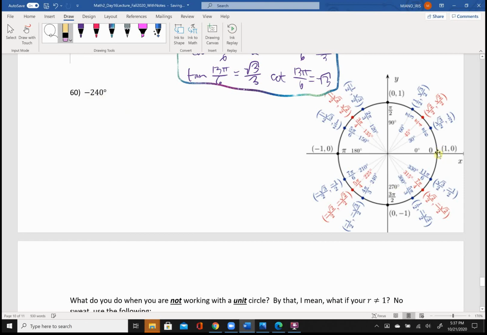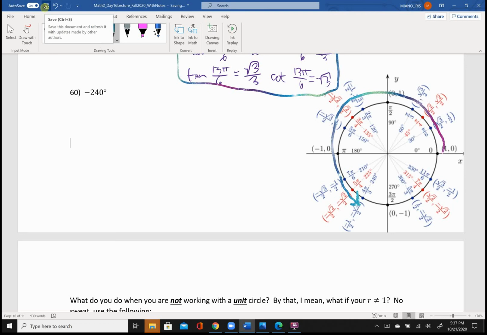Okay, first let's talk about what it looks like to be 240 degrees positive. 240 degrees looks like, whoops, I went past it. Let's try that again. 240 degrees is right here. So here is me stopping at 240 degrees in the positive sense.